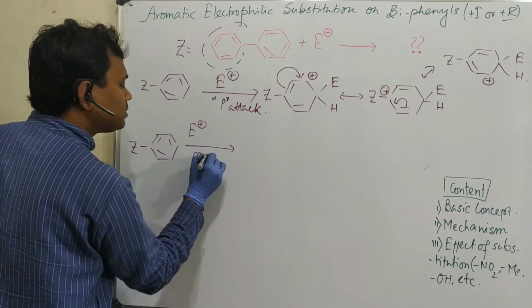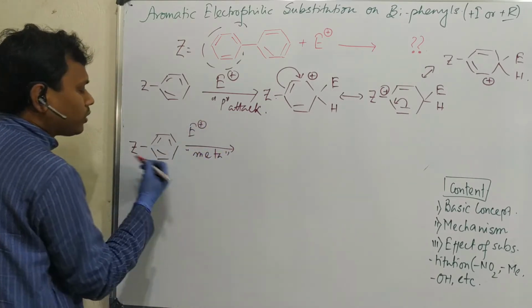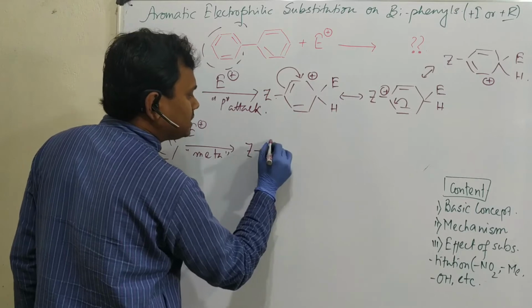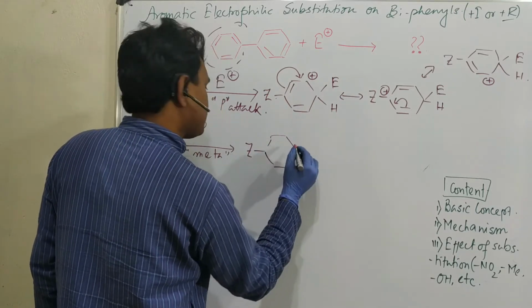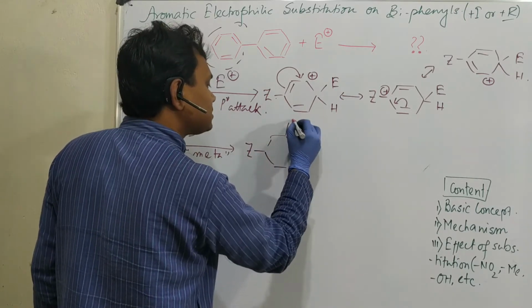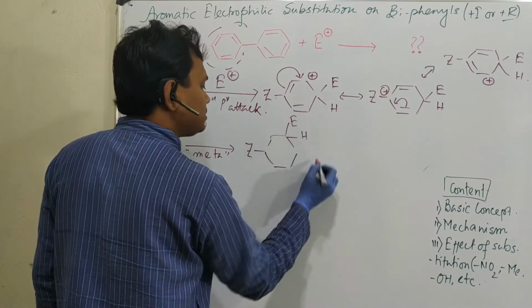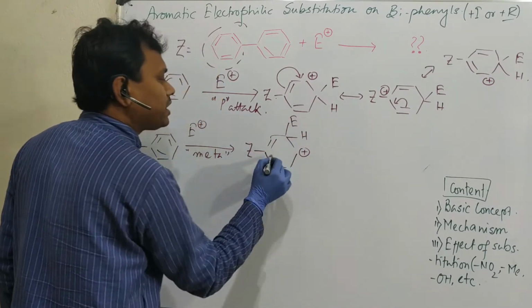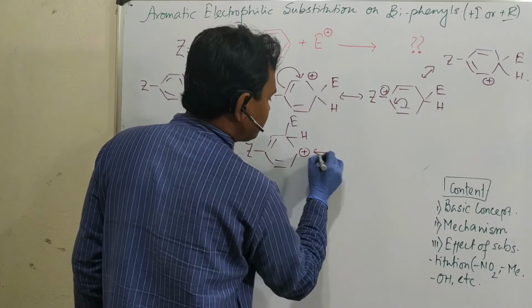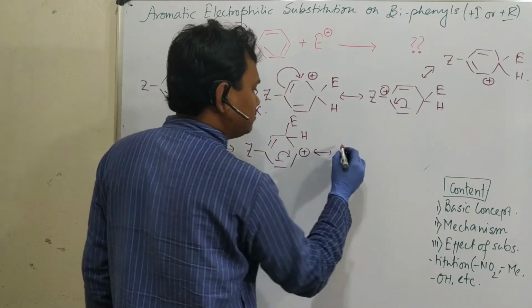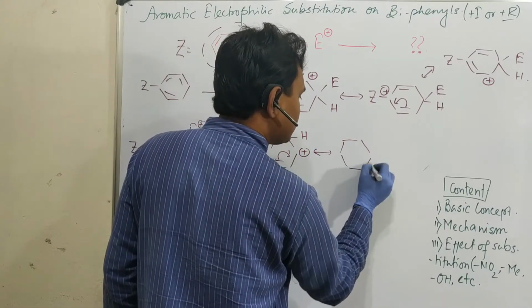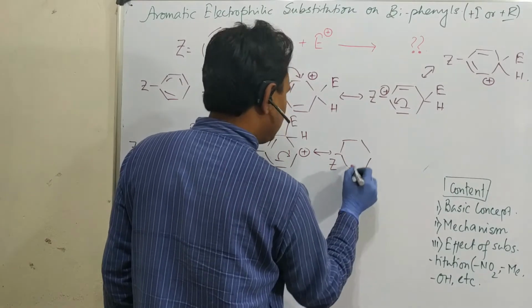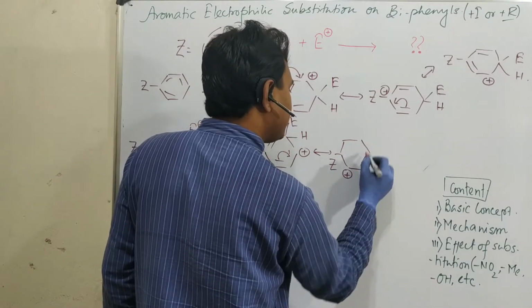E plus, meta attack. What will happen? Meta means this is E, this is H. So the plus charge may come here. In the canonical form, the plus charge is here right now.